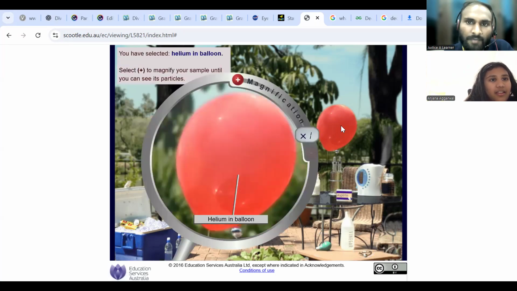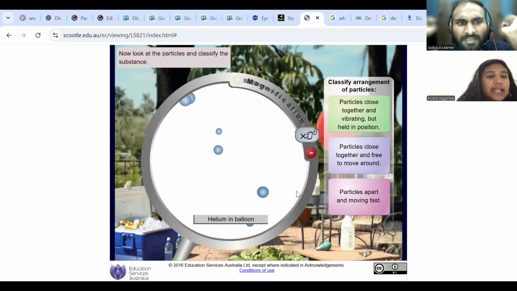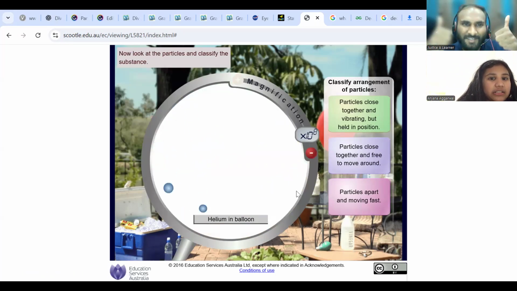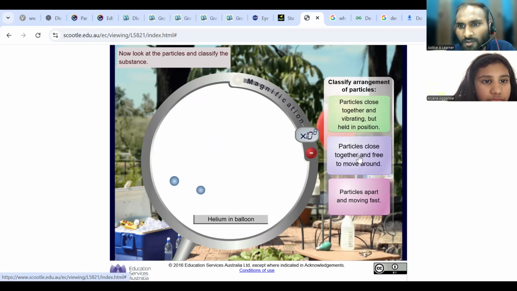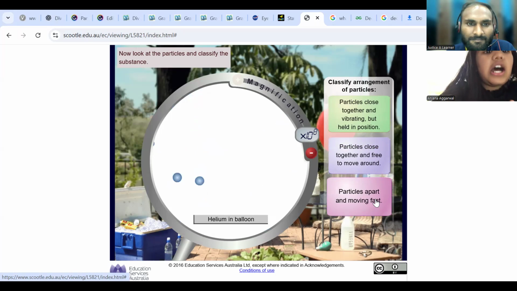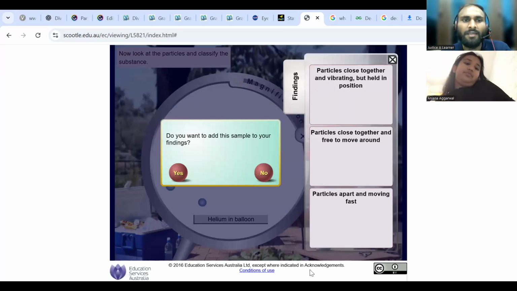Okay, we have tapped. Now helium is inside. Can you tell me what these particles are? Solid, liquid, or gas? Gas. Correct. So what will be filling these three options? Particles apart and moving fast. Great, correct answer. So that's how we can learn science.